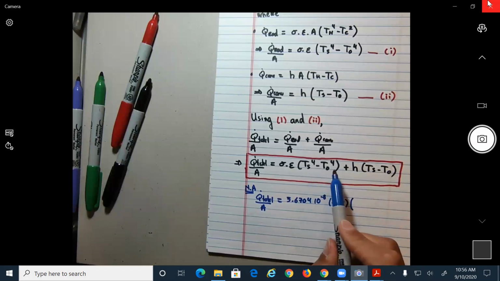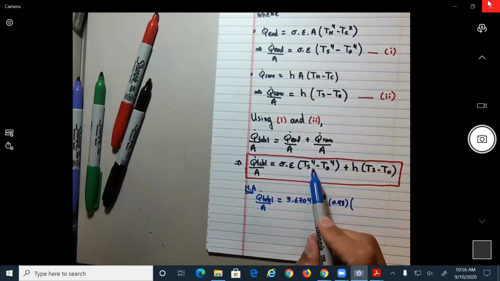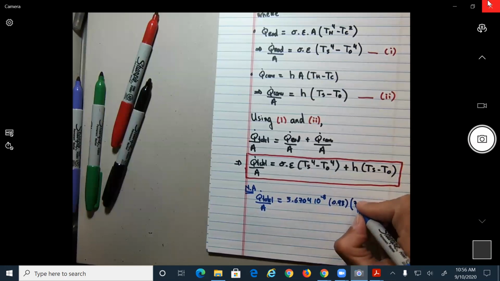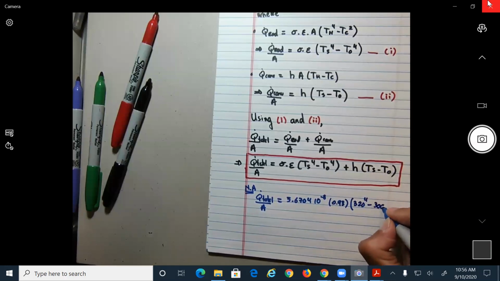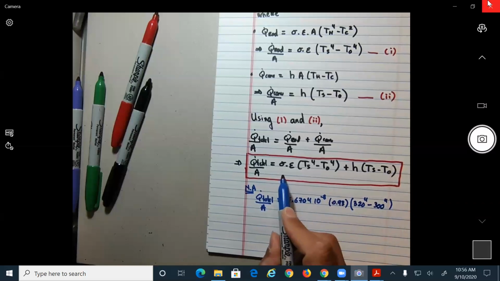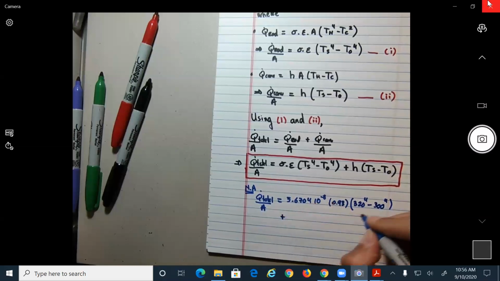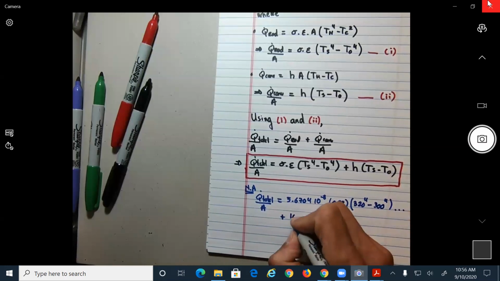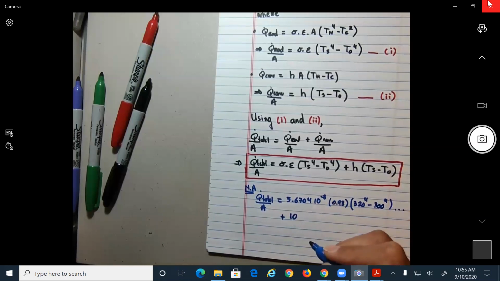Here we are not doing the difference. This is to the power 4. So you need to use the temperatures in Kelvin, no? You cannot keep the one in Celsius. So the one on the surface is 320 to the fourth minus 300 to the fourth. So this will be for the Q radiation, plus, I think it was 10. Yeah, 10 watts per meter squared Kelvin times 320 minus 300.